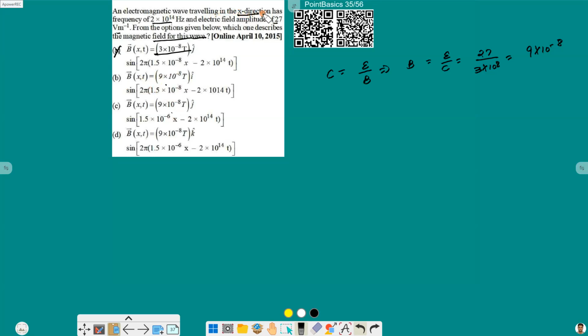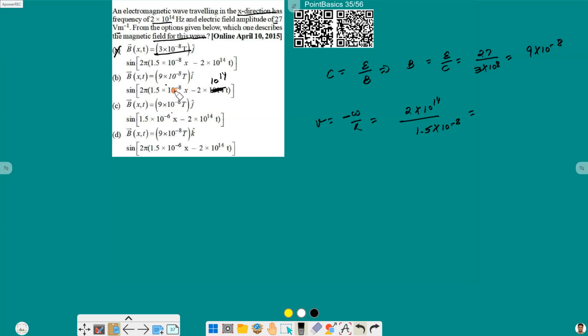Now the wave is traveling in the positive x direction. In all of these options the wave is traveling along the positive x direction. Further, we can look at the velocity. So velocity will be equal to minus of omega by k. For the first one, assuming this is 10 raised to power 14, we will get 2 into 10 raised to power 14 divided by 1.5 into 10 raised to power minus 8.